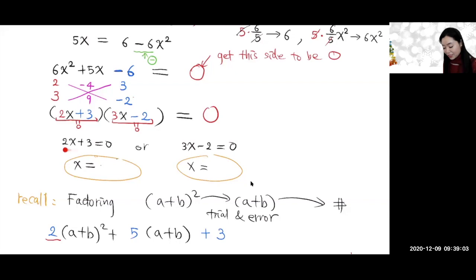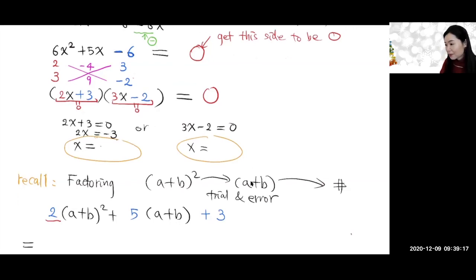If this equals 0, what does x equal to? Okay, let's do it step by step then. So you can subtract 3 from both sides. So you get 2x equal to negative 3. And then we divide both sides by 2. So x equal to negative 3 over 2, right?